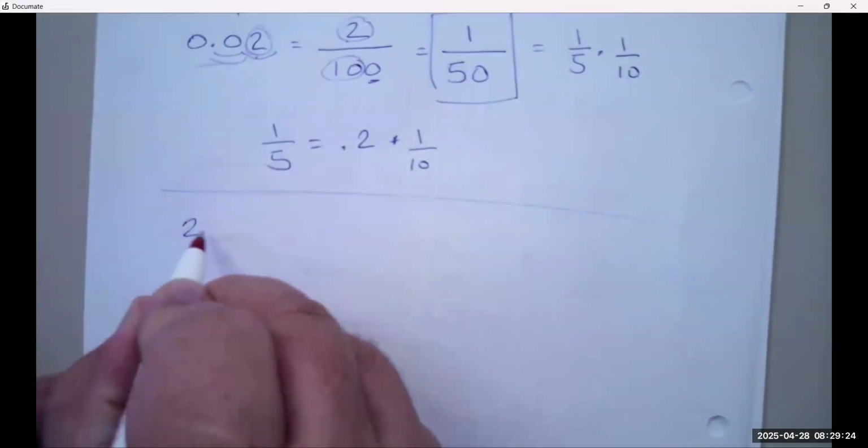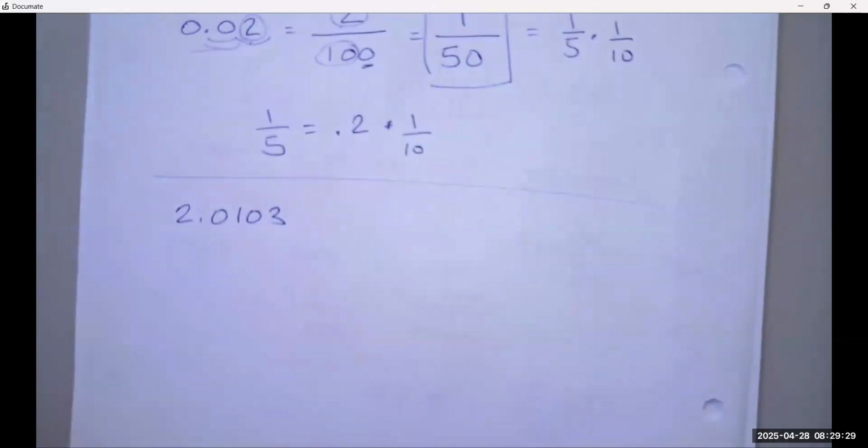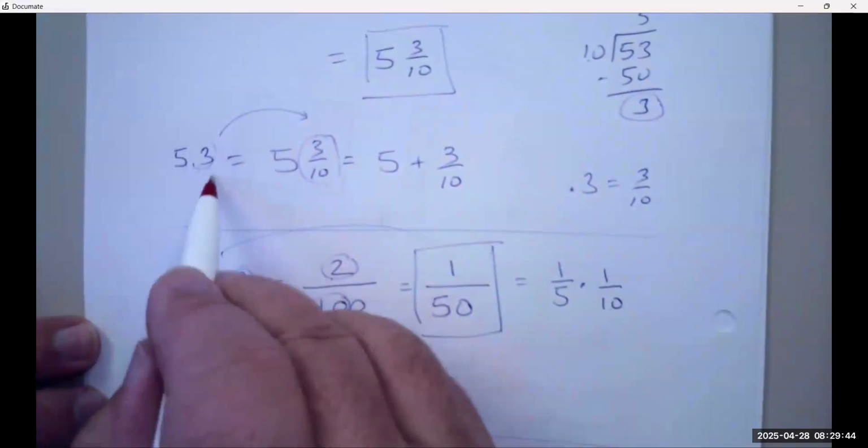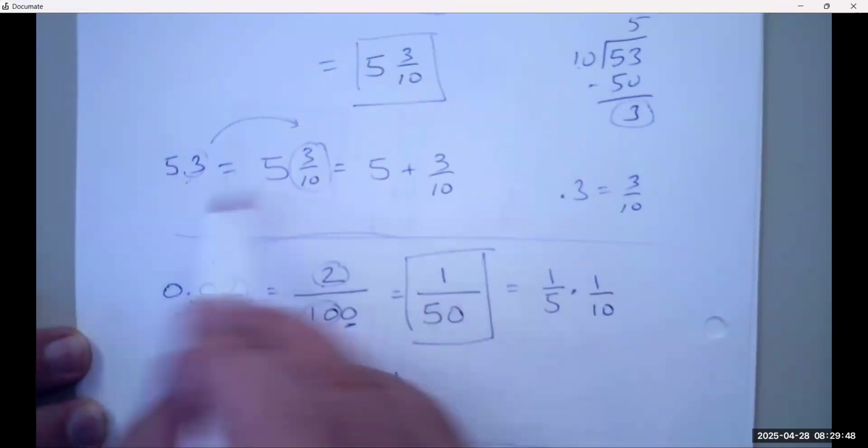How about this number, 2.013103? Give me a fraction equivalent for that one. Think of what we did here for the 5.3, what it meant.